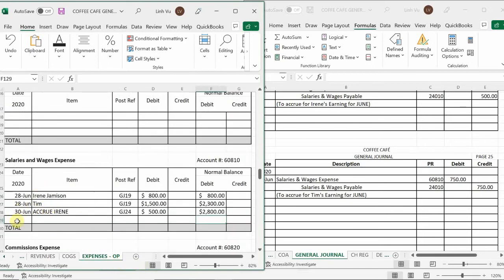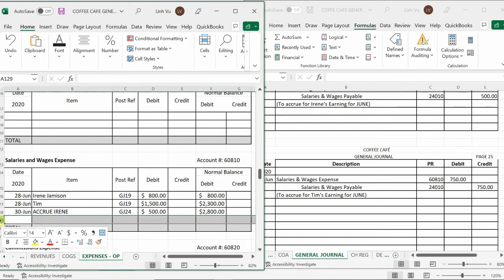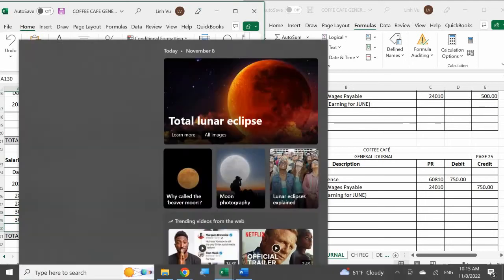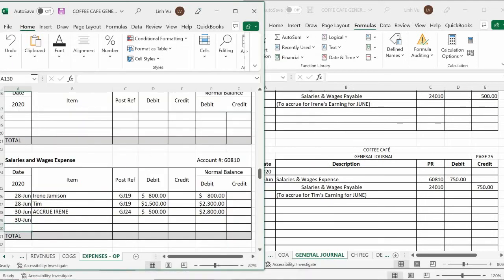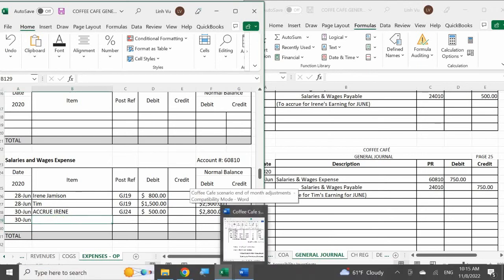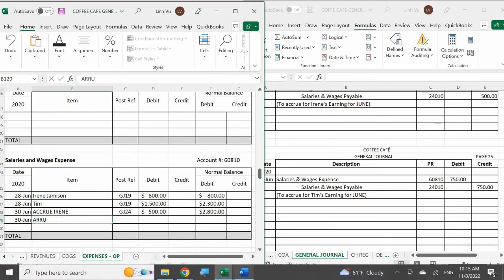And then expenses here. Let me go ahead and put one more line in here. 630. And we're going to accrue for Tim, and it was for $750.